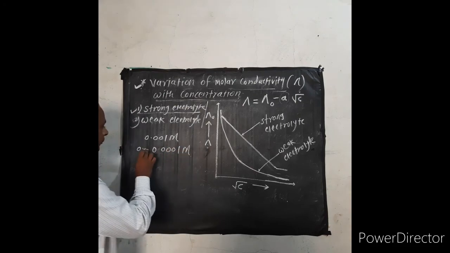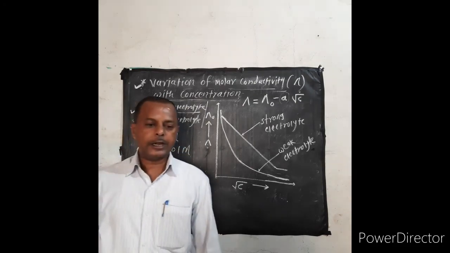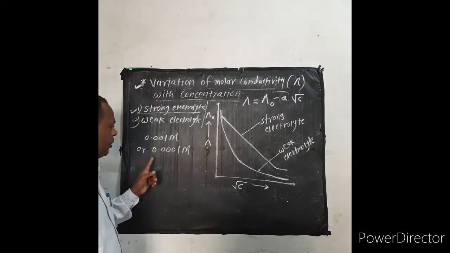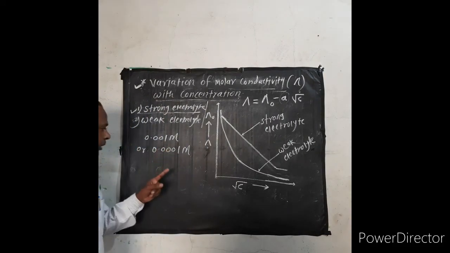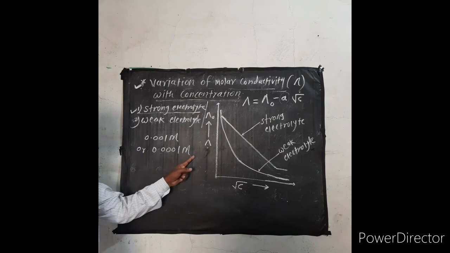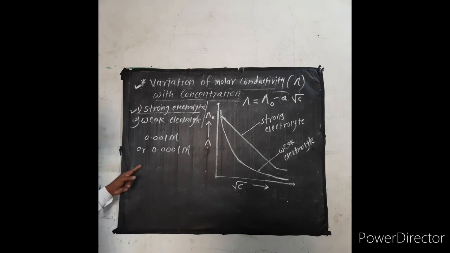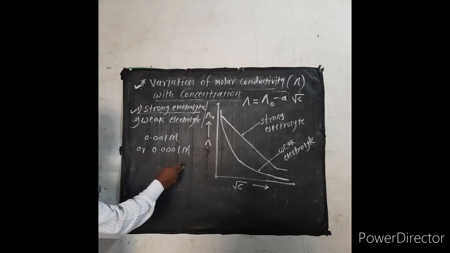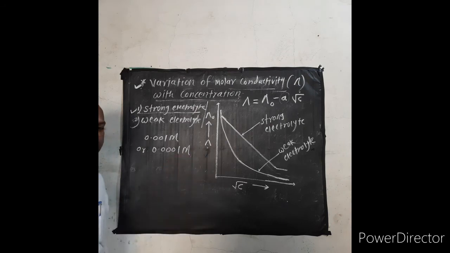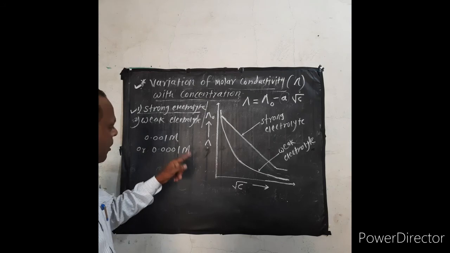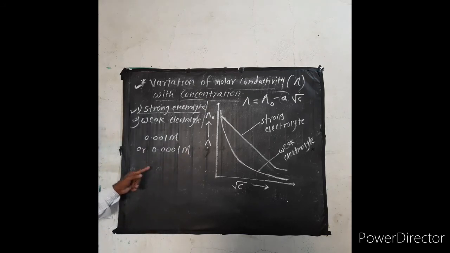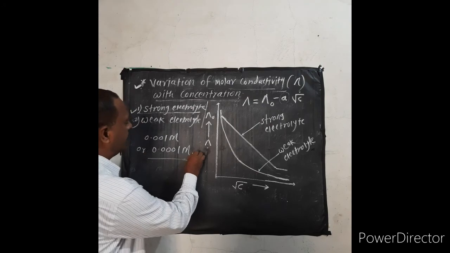It approaches a limiting value, for example at 0.001 molar. The maximum limiting value of molar conductivity is the molar conductivity at zero concentration or at infinite dilution.